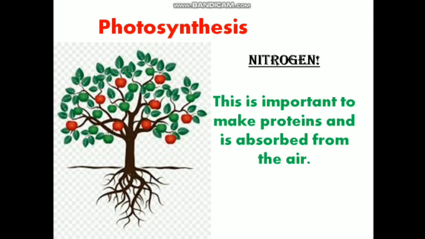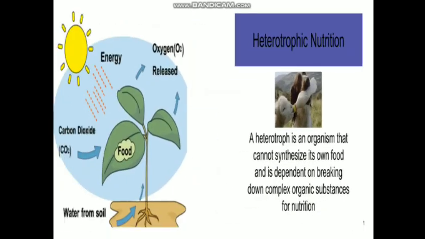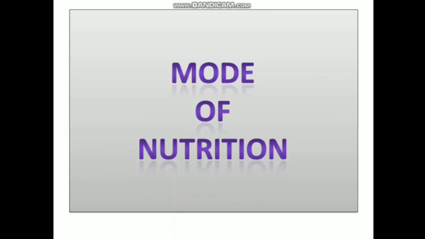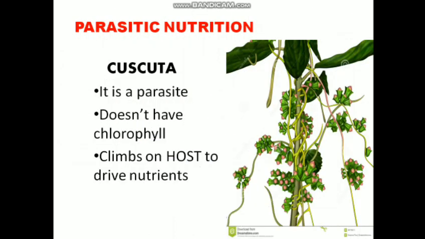So students, till now we have known about autotrophic nutrition and heterotrophic nutrition. Now let's talk about some other modes of nutrition. So from this you can see what is autotrophic nutrition and what is heterotrophic nutrition. The example that you will find in your book is cuscuta.